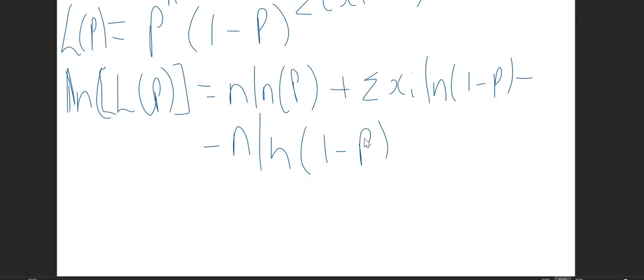Now to maximize with respect to our parameter p, we are going to need to take the first derivative of this and equate it to 0.